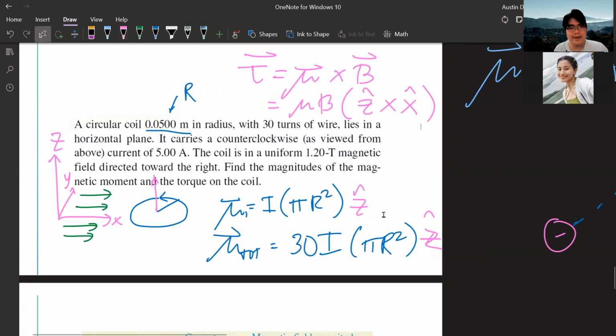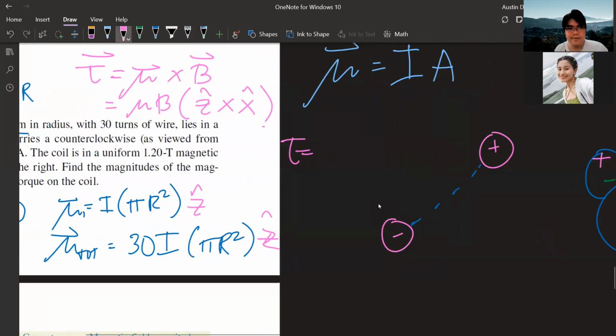Okay, so my torque is directed to the y hat axis. Y hat axis yung torque natin. Okay, so torque is mu B y hat.